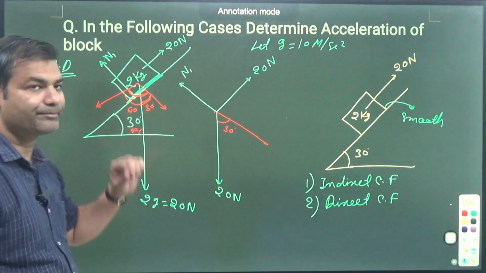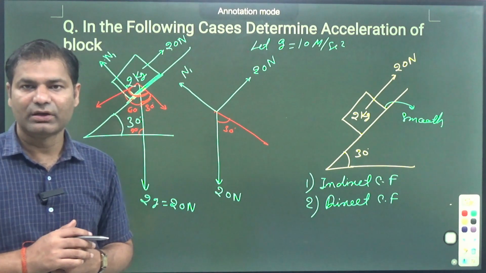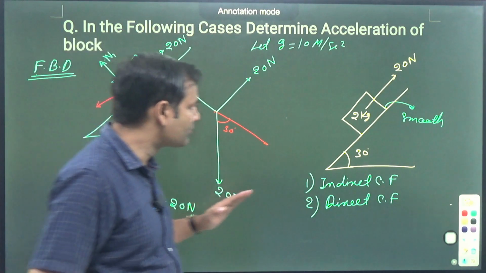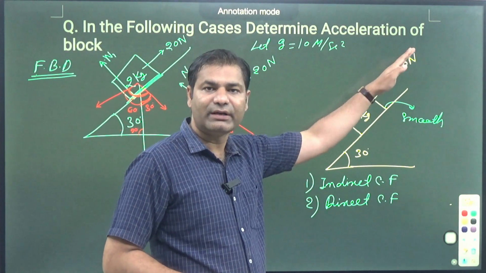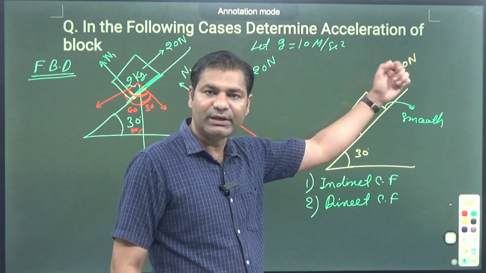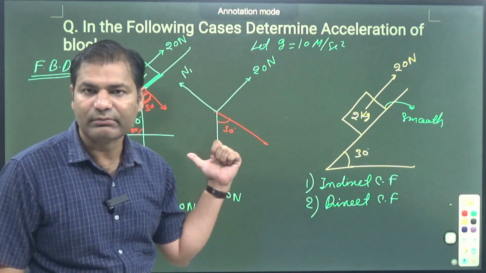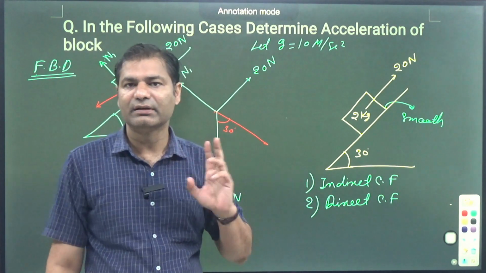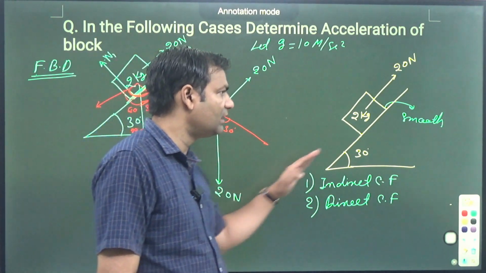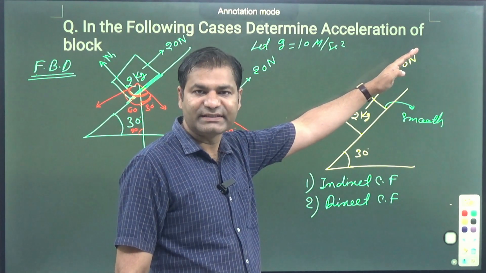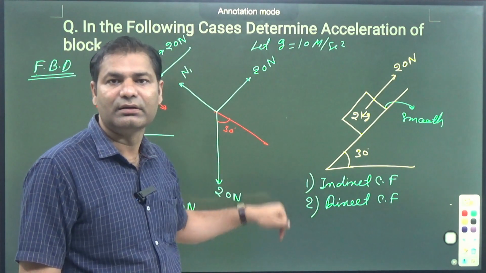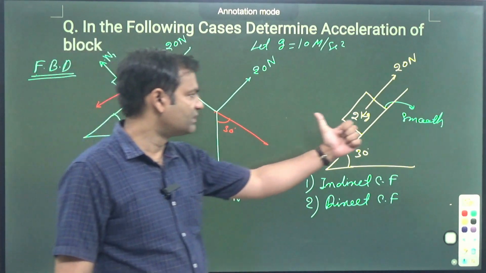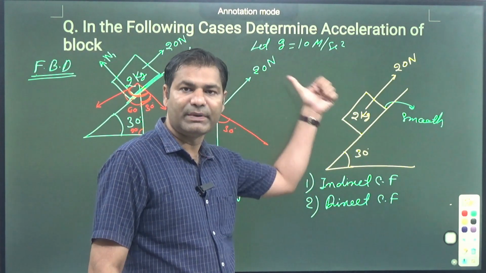Now, the next target is the motion of the block. Is the 2 kg block going upward on the inclined plane or downward on the inclined plane? There are two possibilities: the 2 kg block moves along upward direction on the plane, or downward on the plane. No, this one is not moving perpendicular to the plane.